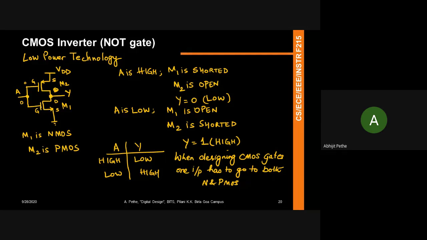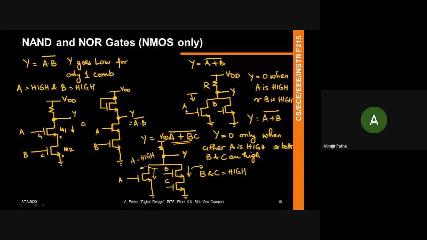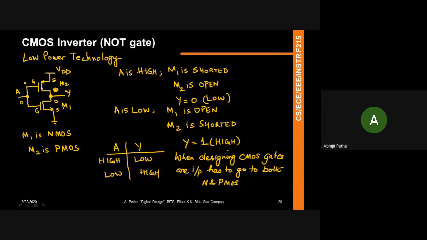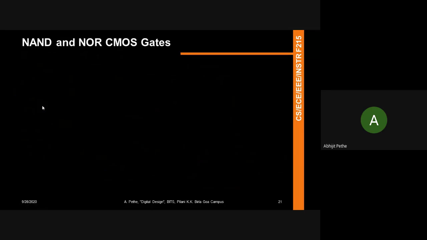In the NMOS-only technology that we designed previously, every input goes to just one transistor, like A goes to this transistor, B goes to this transistor. But in CMOS, a single input goes to one PMOS and one NMOS.